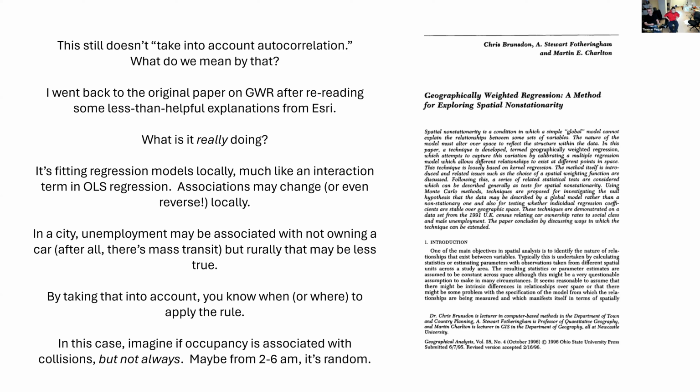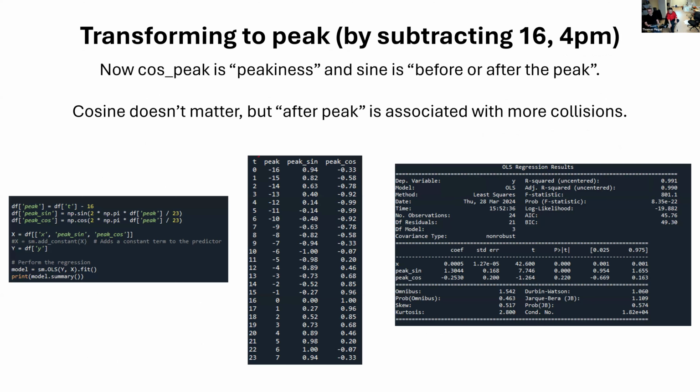Okay, so so far, interestingly enough, we still haven't taken into account autocorrelation. We've included time, but only in the sense of time predicting collisions. We know that there's going to be more collisions later in the day than in the early morning hours. So we've added that factor in there, which means that we've dialed in to some extent what the real relationship is for our coefficient.